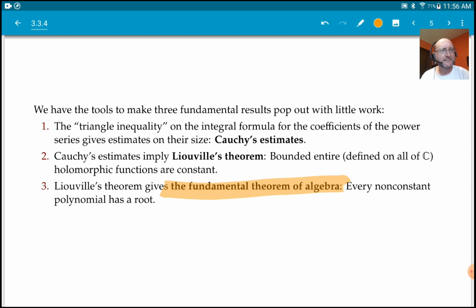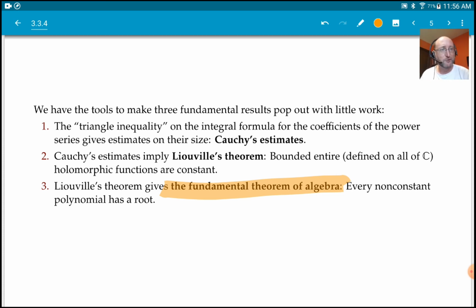And it gets even more important when you get to several complex variables, for example. So yeah, it's called the fundamental theorem of algebra. And if you look at the MAA Monthly, there's a different proof of the fundamental theorem of algebra.